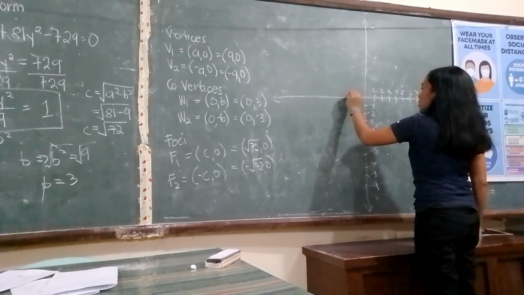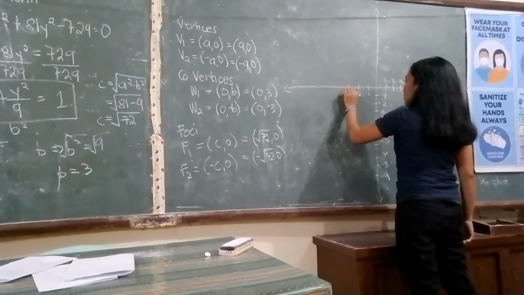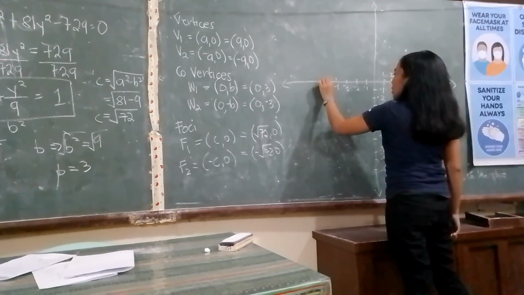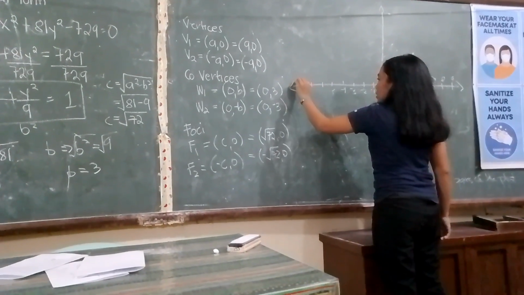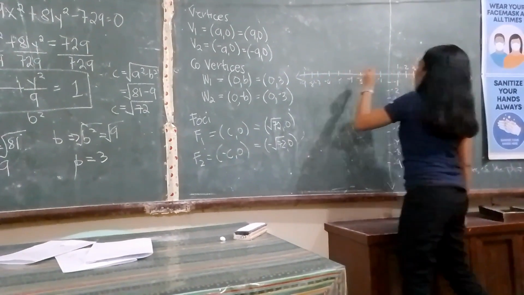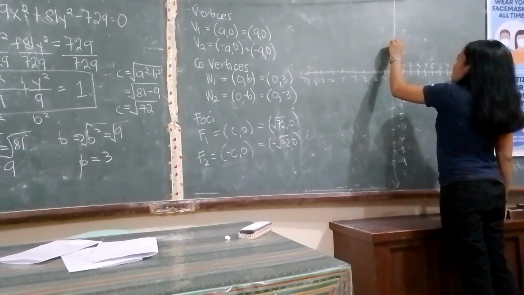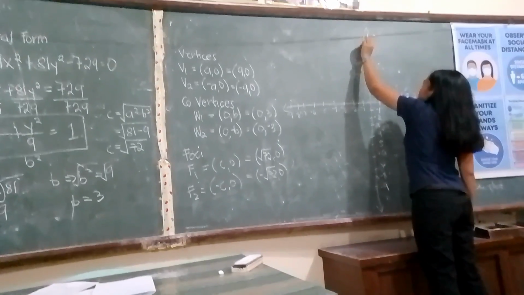We also have here negative 1, negative 2, negative 3, and so on up to negative 9, and 1 to 9 going the other way.